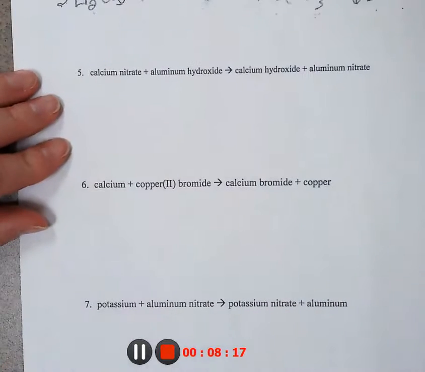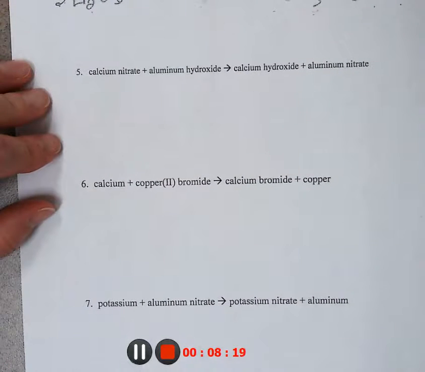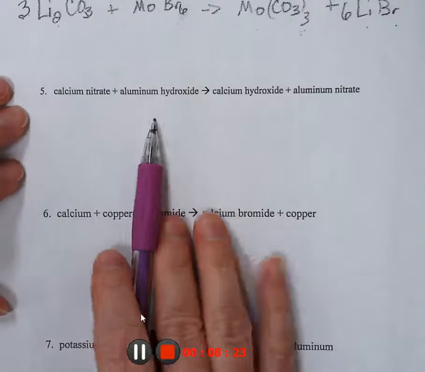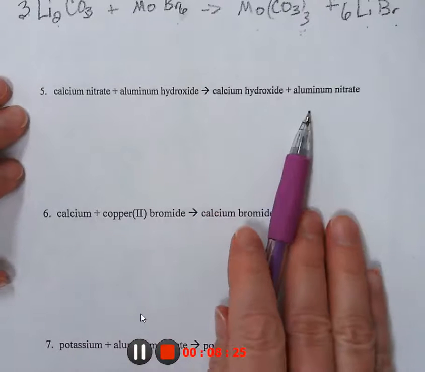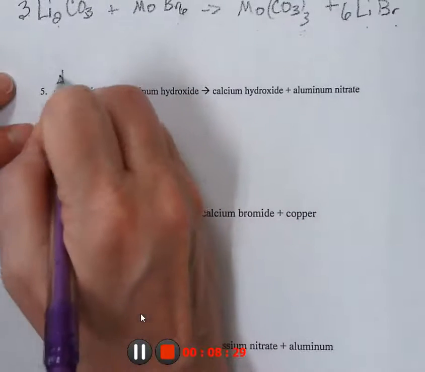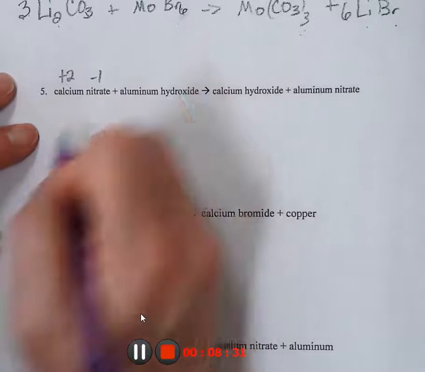All right, we've got calcium nitrate and reacts with aluminum hydroxide to produce calcium hydroxide and aluminum nitrate. All right, so group 2 polyatomic.